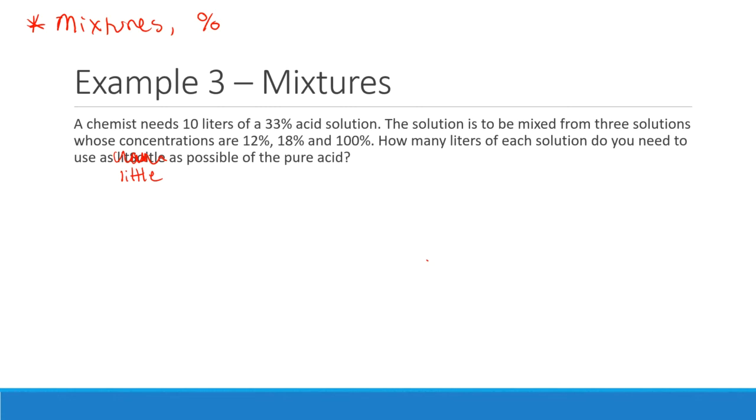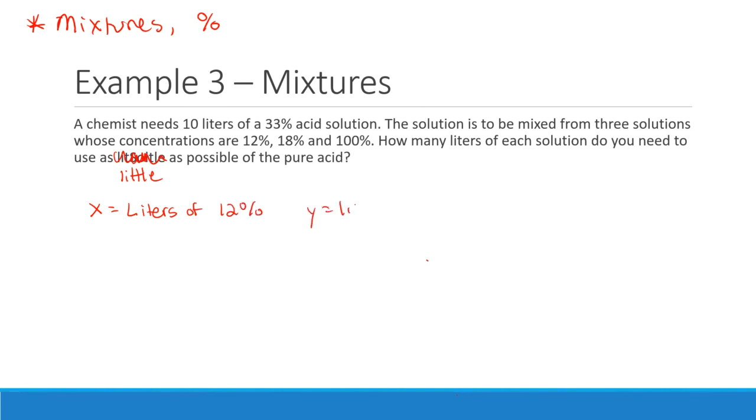So we want to know how many liters of each solution. And we have 3 solutions, so we're going to have 3 variables. I'm going to just use X, Y, and Z because there's 12, 18, 100%, and there's not any good variables that make sense there. So X is liters of the 12%.